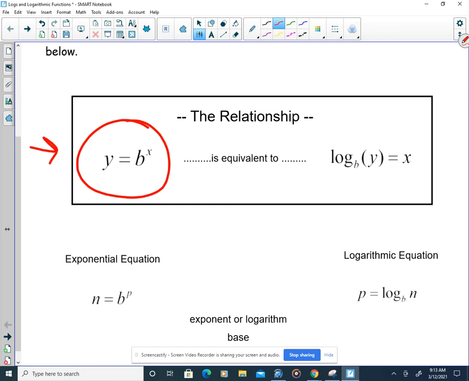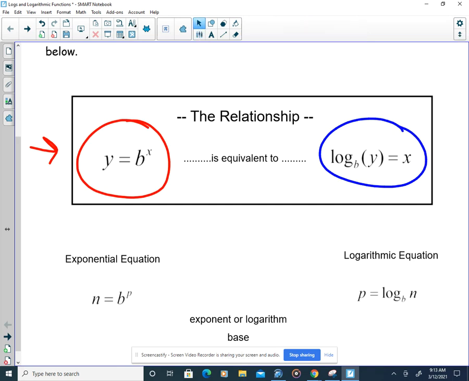And over here on the right-hand side, we have a logarithm equation. These two equations are equivalent, okay? It's very useful to be able to go back and forth from these two different forms, from an exponential form to a logarithm form. So that's what we're going to be focusing on today. Going back and forth from an exponential equation to a logarithm equation.